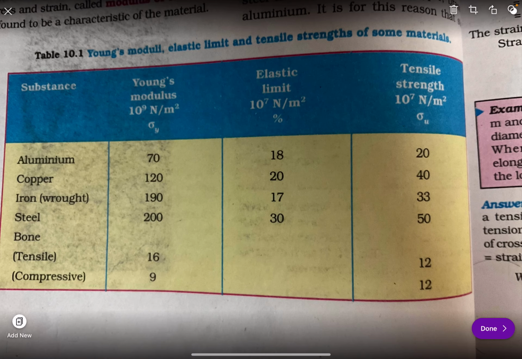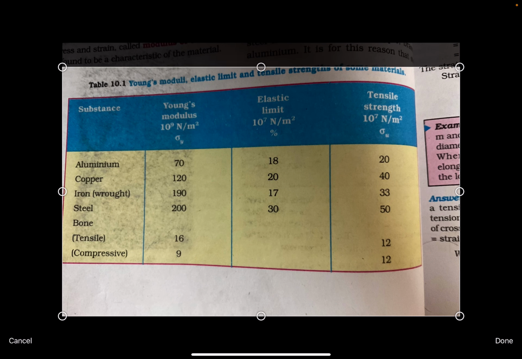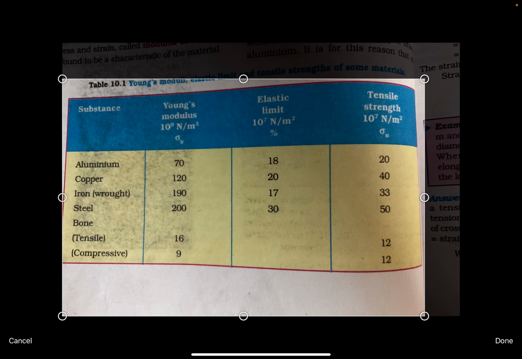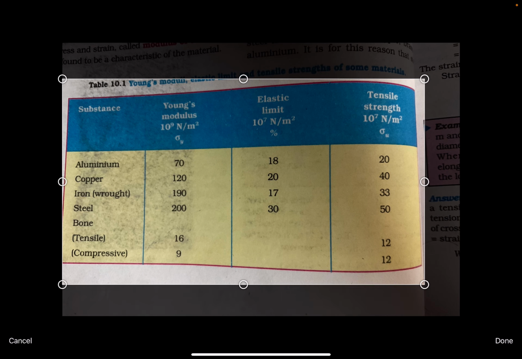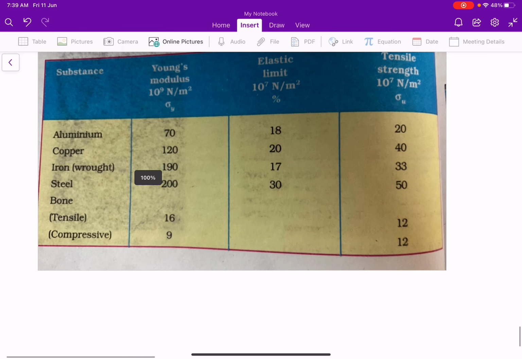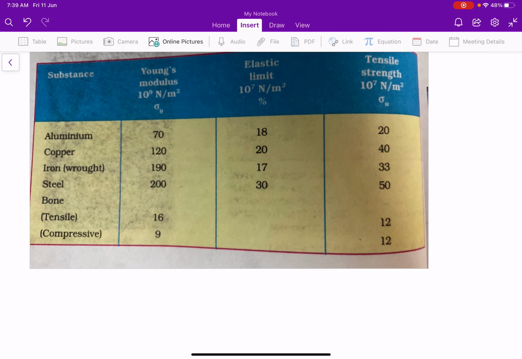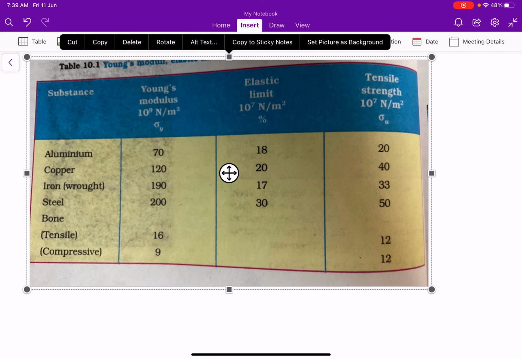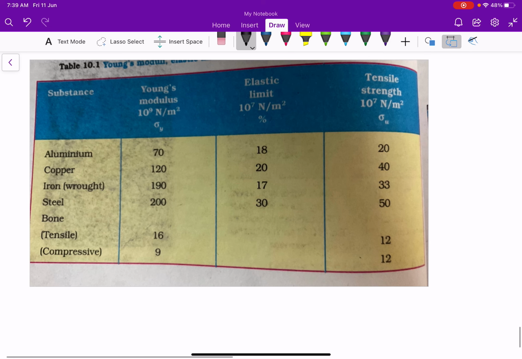Here in the table, Young's modulus, elastic limit and tensile strengths of some materials are given. We are going to discuss them. See students, Young's modulus for aluminium is 70 into 10 to the power of 9 Newton per meter square.